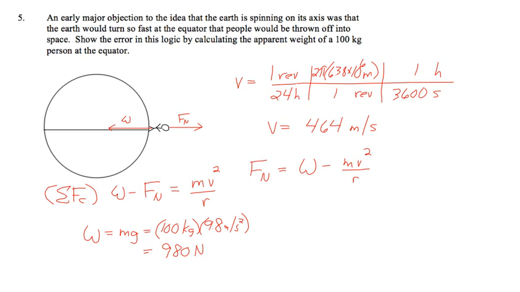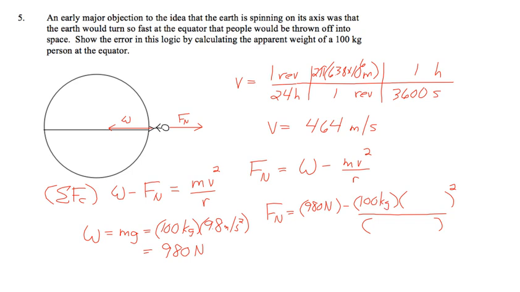So plugging in these numbers, I'm going to get Fn equals W minus mv squared divided by r. I'm going to make the r big because I'm putting the radius of the Earth, which is in scientific notation. So the weight is 980 newtons. The mass of the person is 100 kilograms.